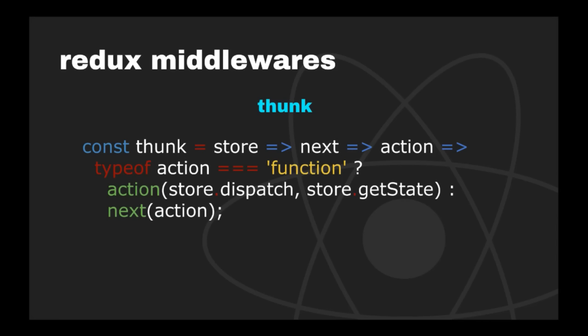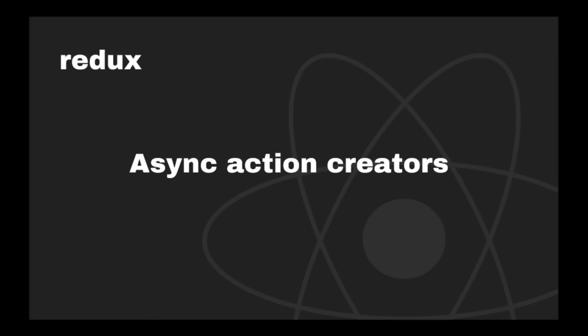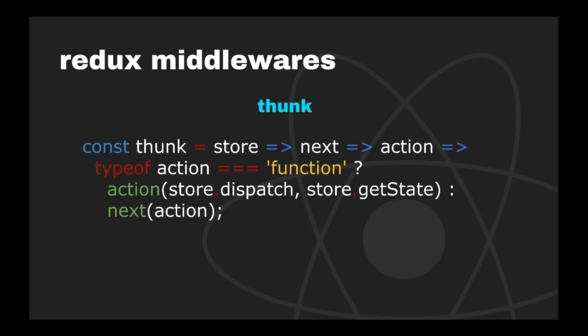And what this is going to do is, instead of sending the function action to the next middleware, it's going to execute the action, but it's going to send a reference to the dispatch and to the getState functions. So in this case, our asynchronous action creators are going to be coupled with this thunk middleware.